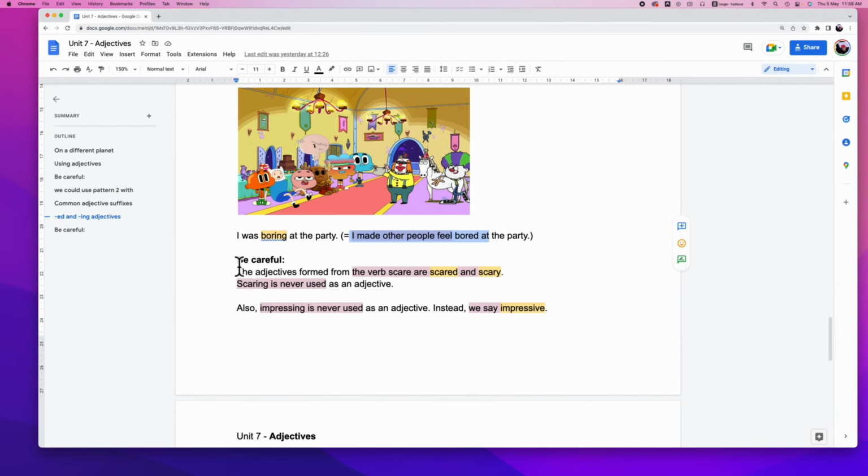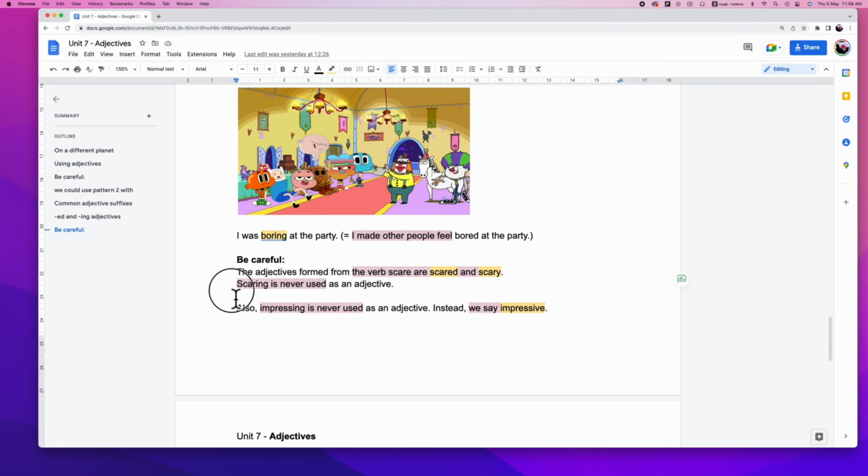There are some words that do not end with -ed or -ing when they are adjectives. Let's take a look at these two words. The adjectives formed from the verb scare are scared and scary.